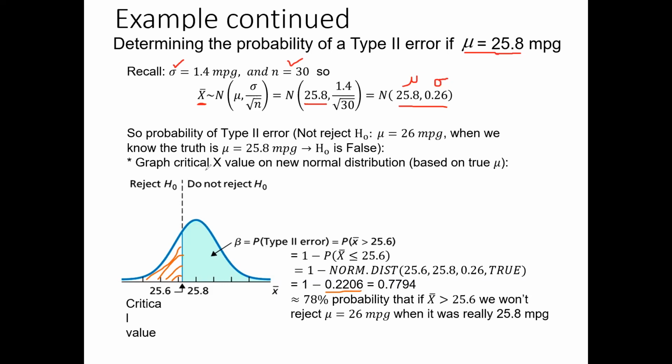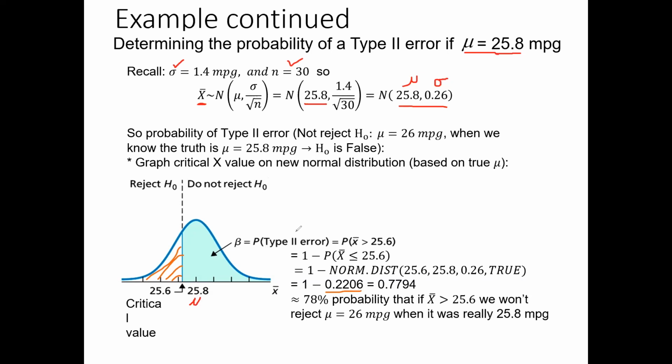So in order to do this, we're going to graph a new normal distribution. It's now not centered at 26. It's centered at the truth. In our thought experiment, we're going to center it at the truth of 25.8.